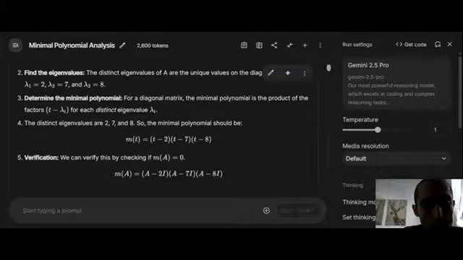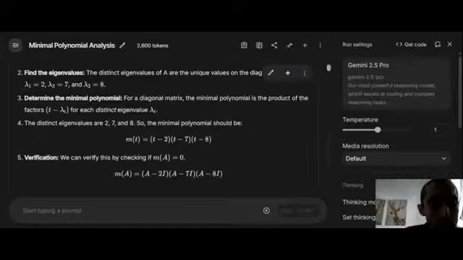The characteristic polynomial may have powers on the terms, but the minimal polynomial must, in order for the matrix to be diagonalizable, be a multiplication of linear terms, as you can see here, with no repeated roots, namely each term is to the power of only 1, not 2, 3, 4, and so on.